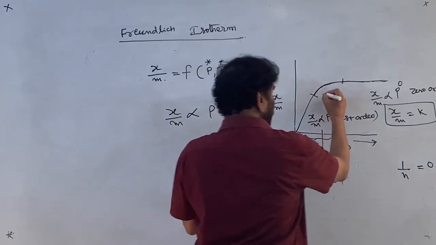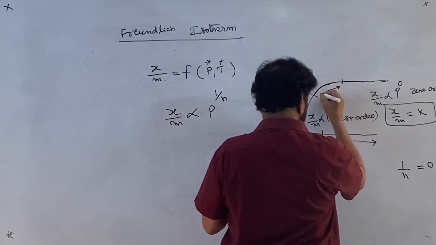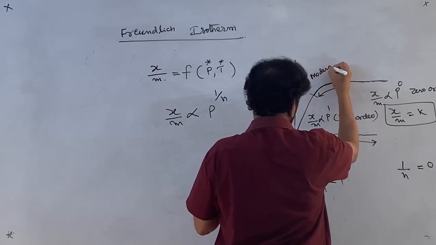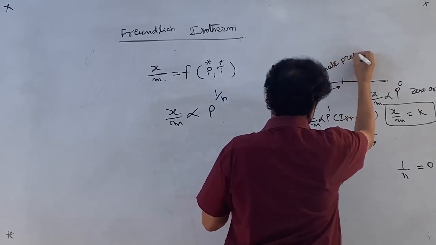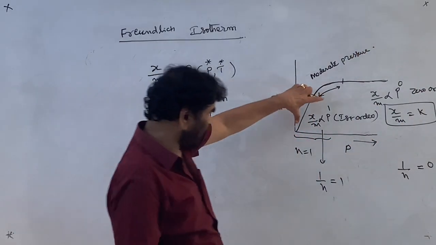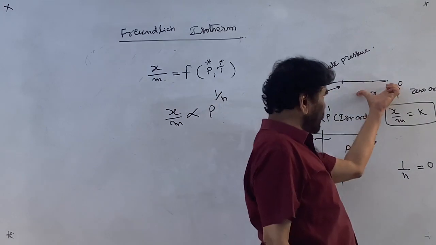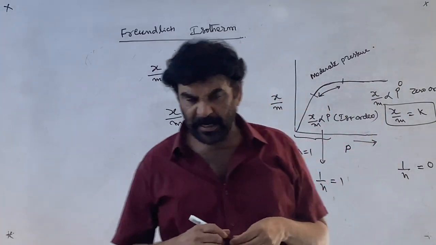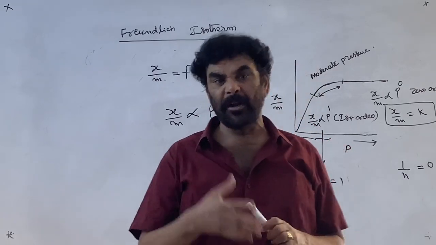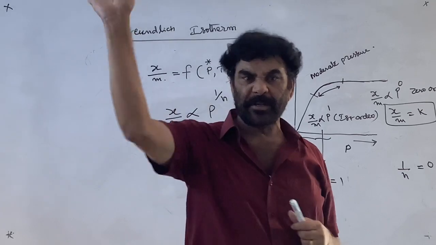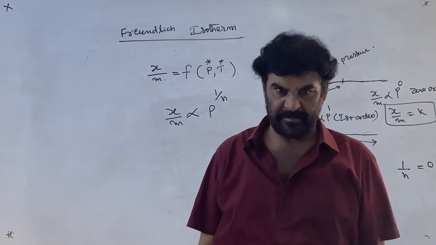This is the moderate pressure region. First order kinetics, zero order kinetics: the statement that the extent of the adsorption increases with the pressure is only valid under low pressure and moderate pressure conditions. Under high pressure conditions, that statement is not correct.